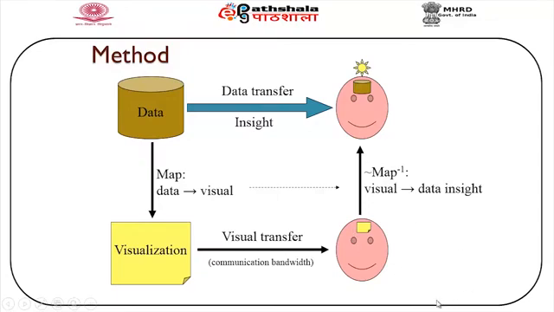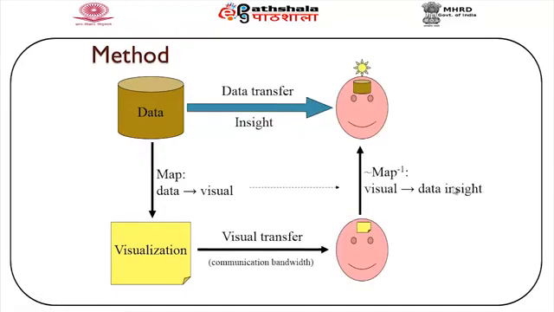With the help of the visual transfer, it is possible for the human being to understand or get certain insight about the data, that is, the data insight that he acquires.